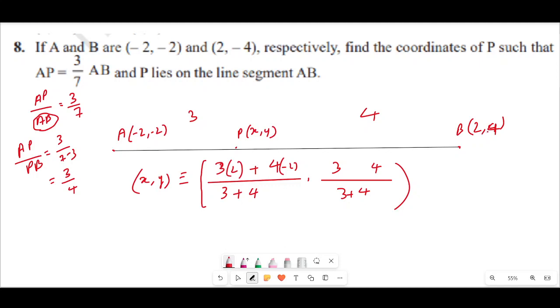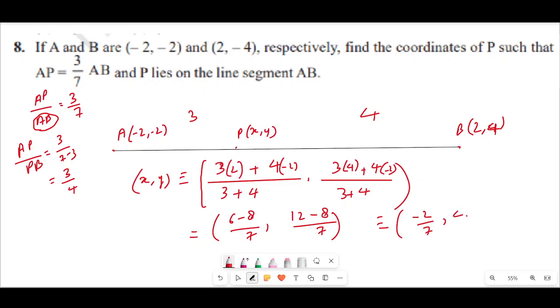For 3 the second coordinate, and for 4 the second coordinate. Add it. Then we get 3 times 6 and 4 times 2 is 8, 6 minus 8 upon 7; 3 times 4 is 12, 4 times 2 is 8, 12 plus 8 by 7. That will be -2/7, 4/7, the coordinate of P.